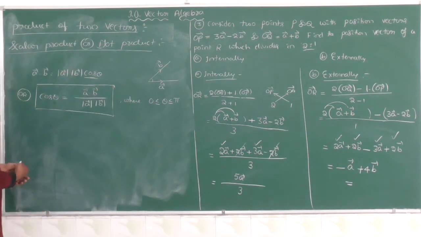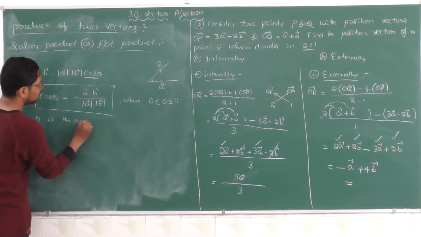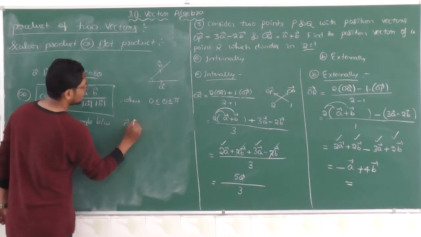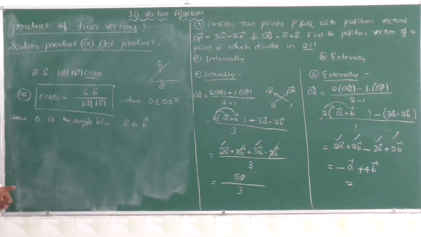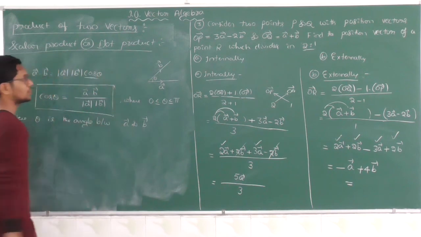Here theta is the angle between A vector and B vector in the scalar product or dot product of two vectors.